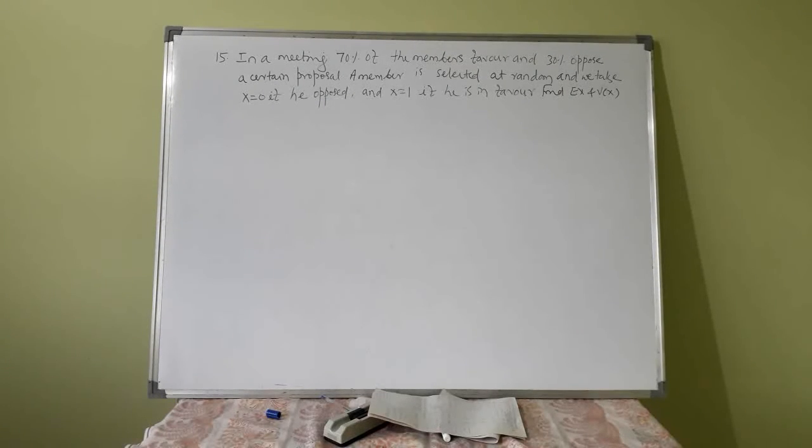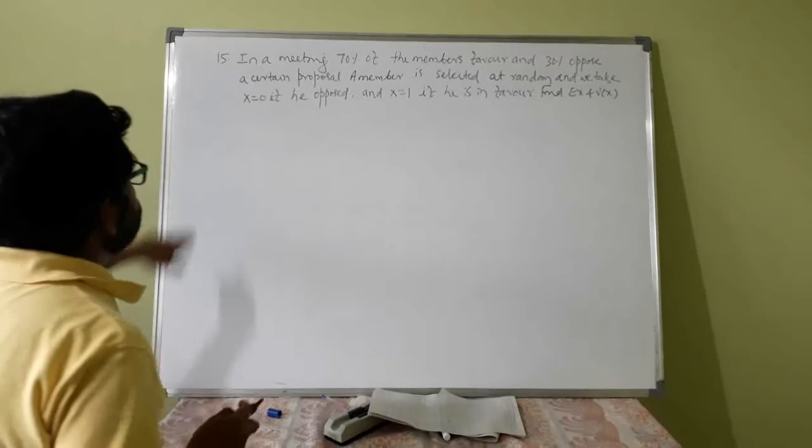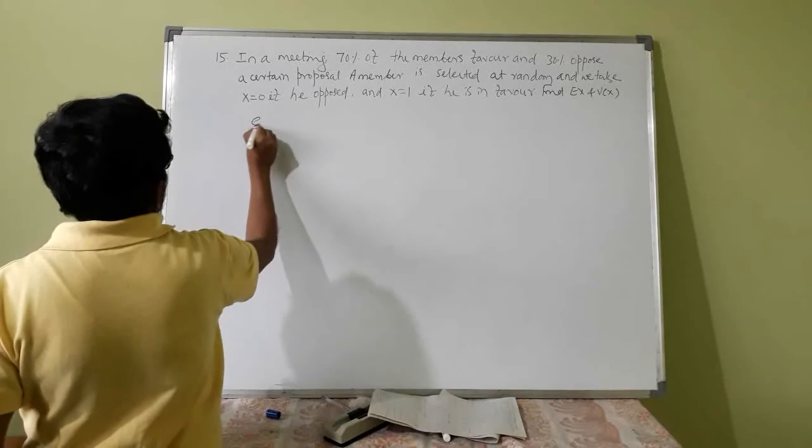In a meeting, 70% of the members favor and 30% oppose a certain proposal. A member is selected at random and we take x is equal to 0 if he opposed and x is equal to 1 if he is in favor. Find expectation of x and variance of x. It is given only.